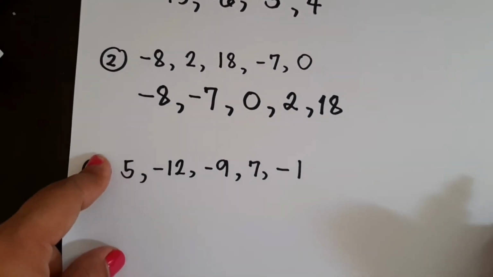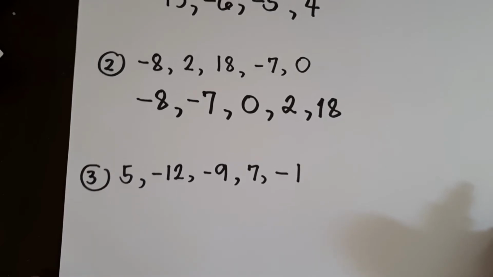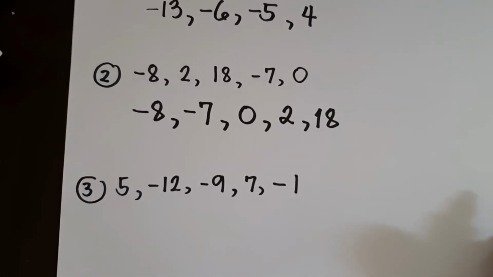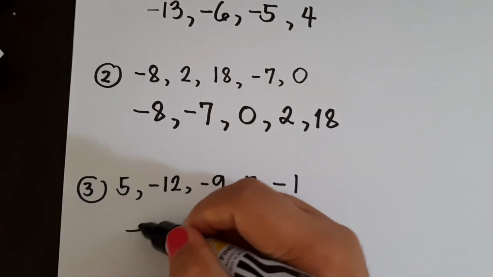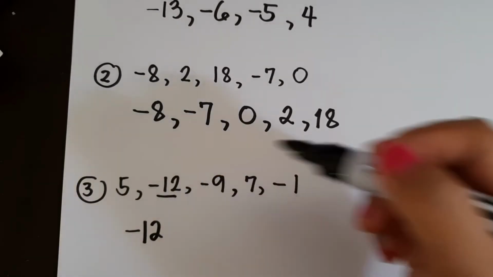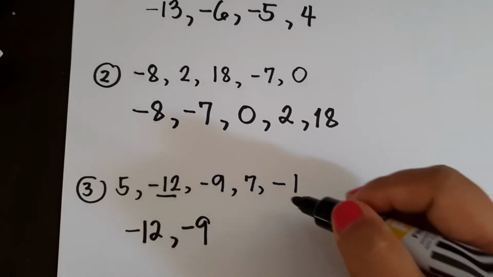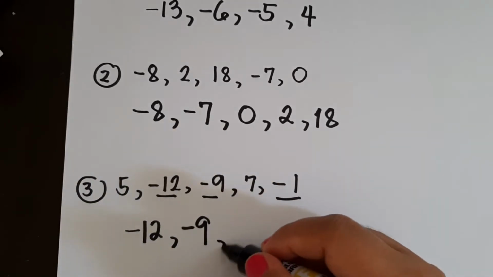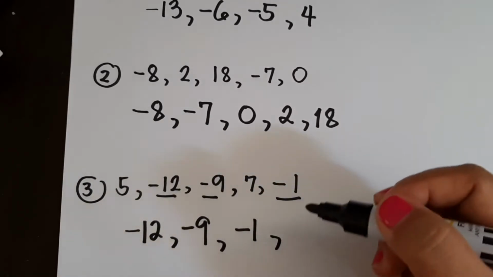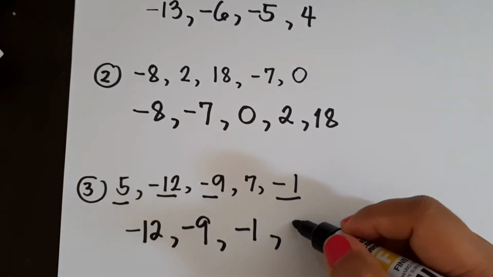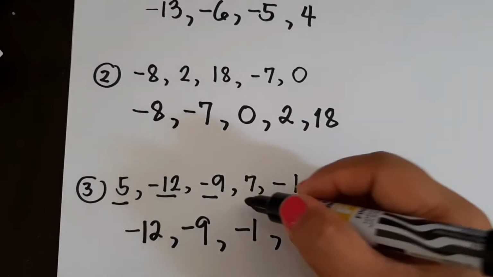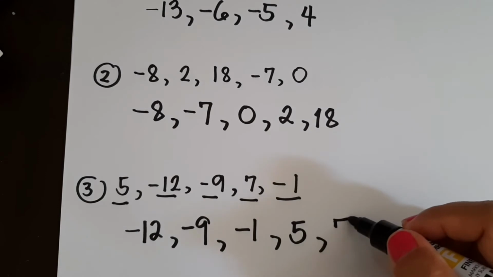Next, which is the lowest? Yes, negative 12. And then next is negative 9. And then next is negative 1. And of course, next is positive 5. And the highest is positive 7.